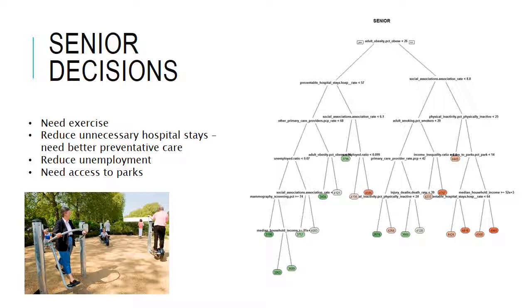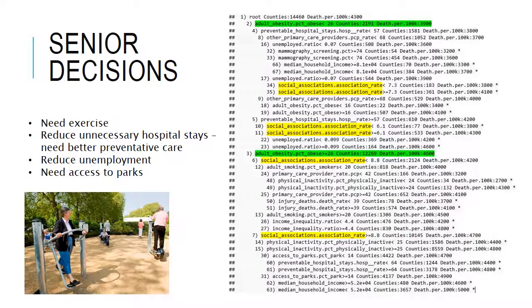Looking at the senior citizen decision tree, we can see that exercise, eliminating unnecessary hospital stays, and even reducing unemployment is very important. The text view of the tree is perhaps easier to read.